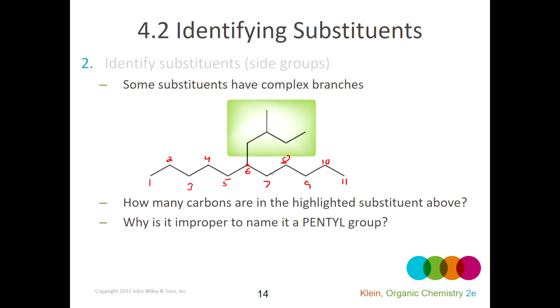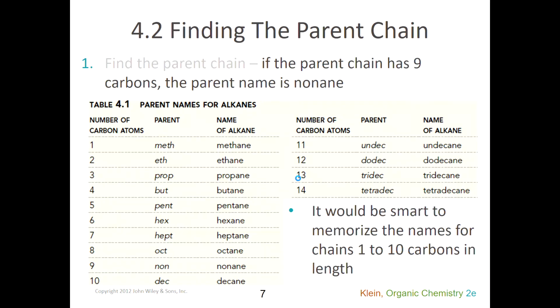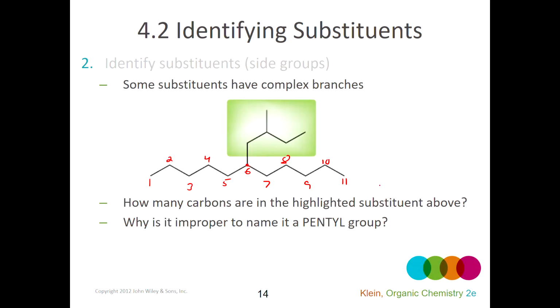That's the longest chain I can find there. So if we just consult the table, 11 carbons is undec, or undecane if it's fully saturated. So in that example, my parent chain is undecane, but I've got the substituent here that I need to determine a name for.